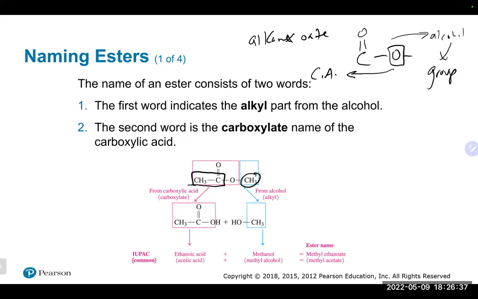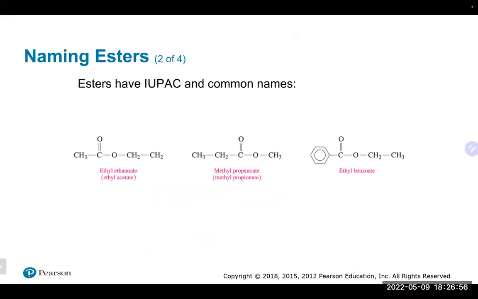That comes from methanol and ethanoic acid, the 2 things that come together. In the parentheses here is the common name. We won't use the common names, but that's what the parentheses represent. Some of these do have common names, but we will focus more on the IUPAC way of naming.